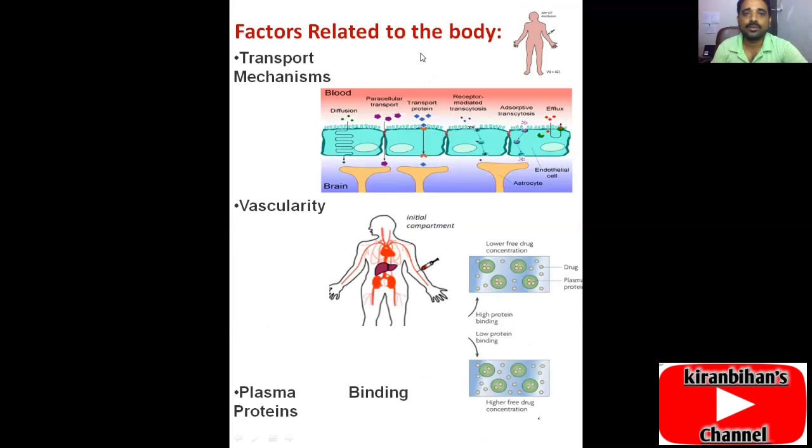Factors related to the body are so many, but a few of them we will discuss. One is the transport mechanism. In our previous lecture, we learned the transport of drugs across the cell membrane. There were types of transport like passive diffusion, active transport, facilitated diffusion, and receptor mediated transcytosis, or the efflux mechanism.